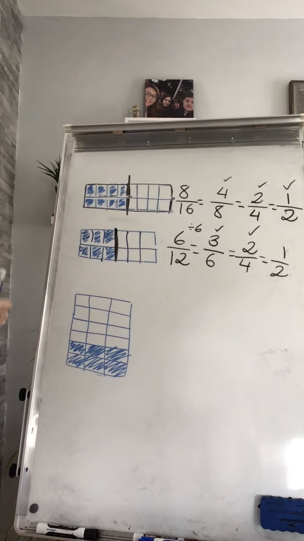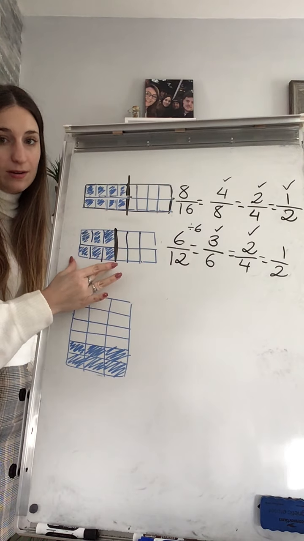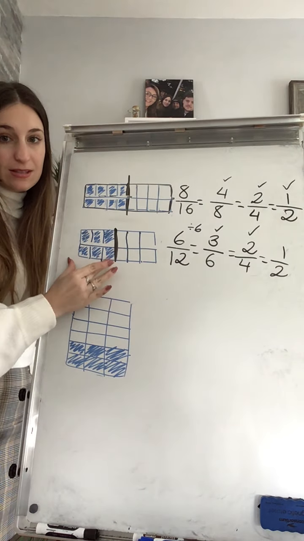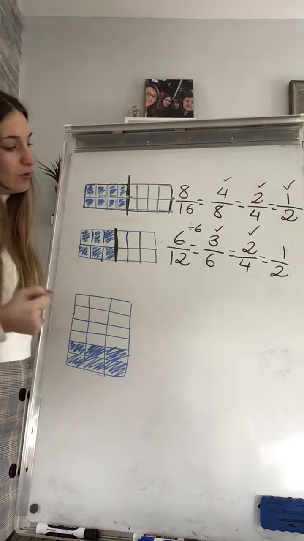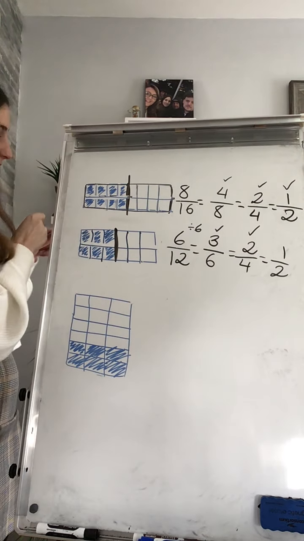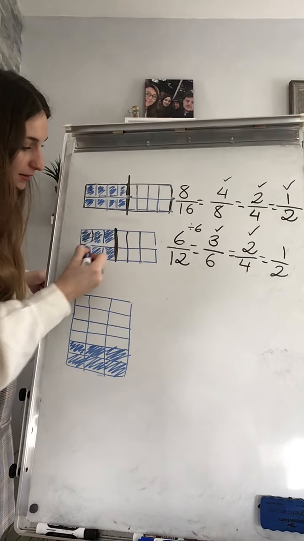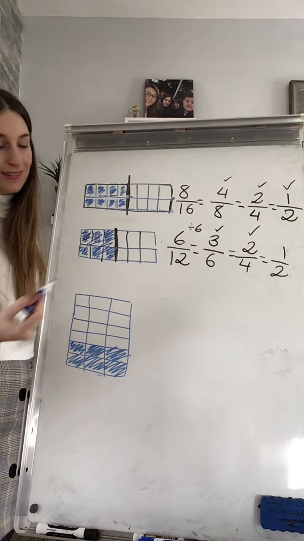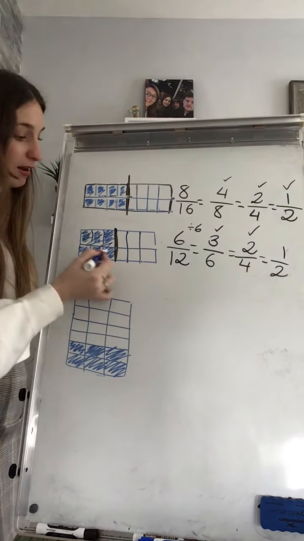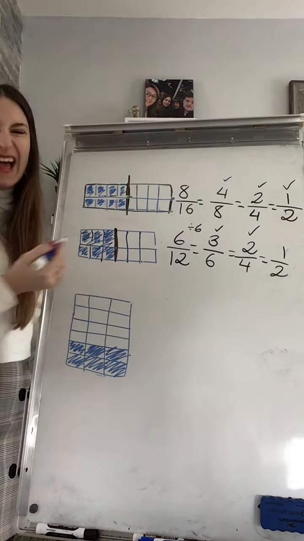And now I have 1 and 2 equal parts. Can you see them? 1 and 2 equal parts, and I've taken, look at that, 1. I've taken 1 half. Have I added more shading? Has it got more shading than 1, 2, 3, 4, 5, 6? No? So it is equivalent, okay?